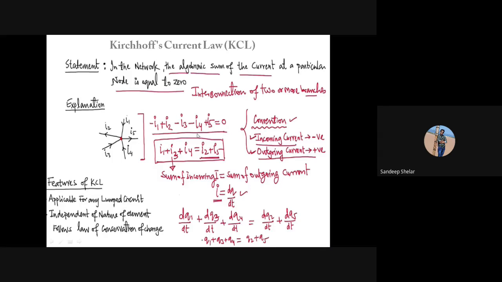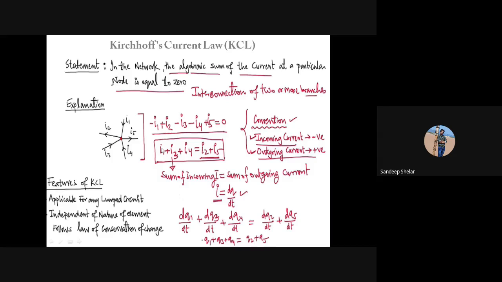Now, moving the negative sign currents to the left hand side, the equation obtained is I1 plus I3 plus I4 is equal to I2 plus I5.